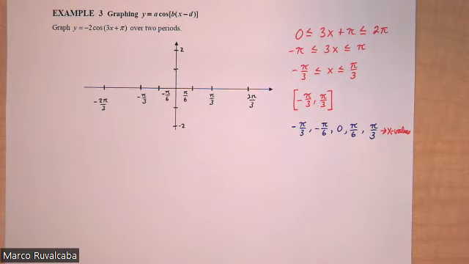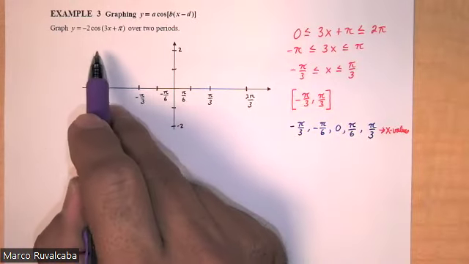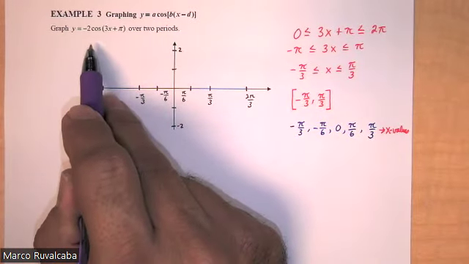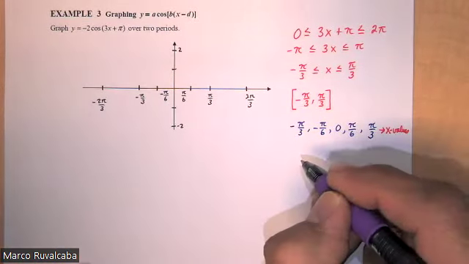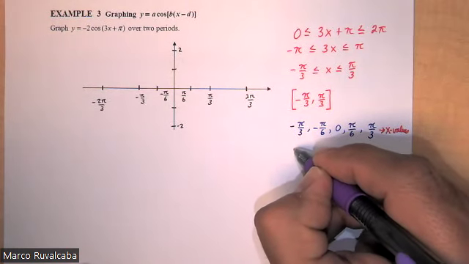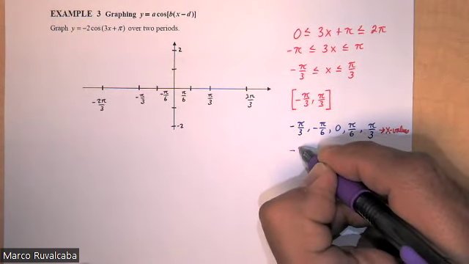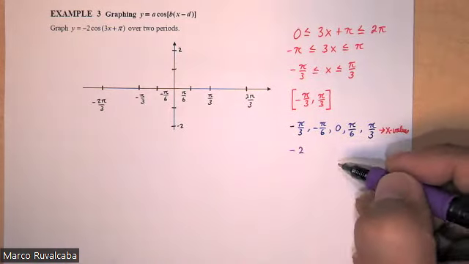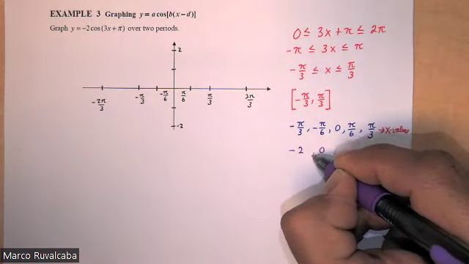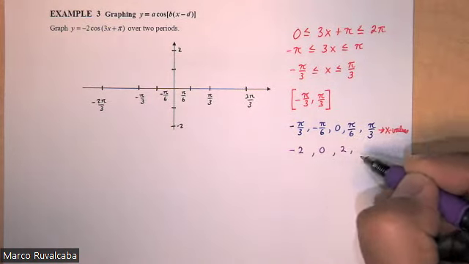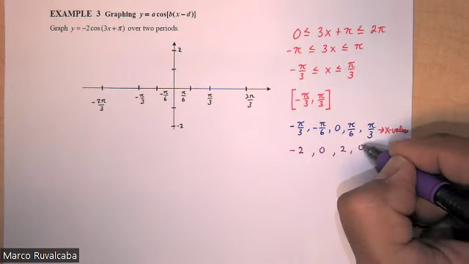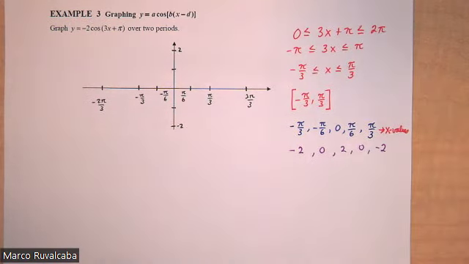And doing it the same way, you can come up with the Y values for these. And the Y values at the end, you're going to multiply them by -2. So each one of these will have a corresponding Y value of -2, 0, +2, 0, and -2.